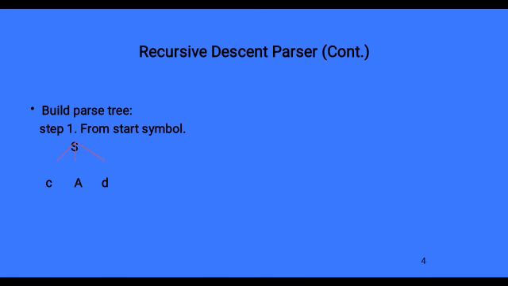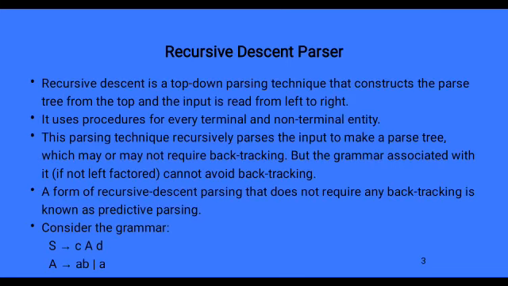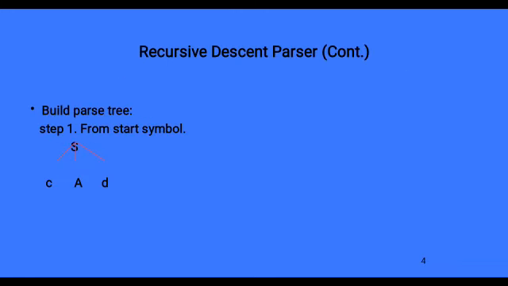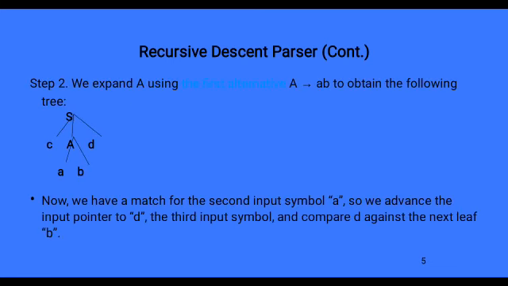As you are seeing on the screen, S has 3 connections because in the problem itself S tends to cAd. There are 3 elements, so S is the root node with 3 connections followed by small c, capital A, and capital D.